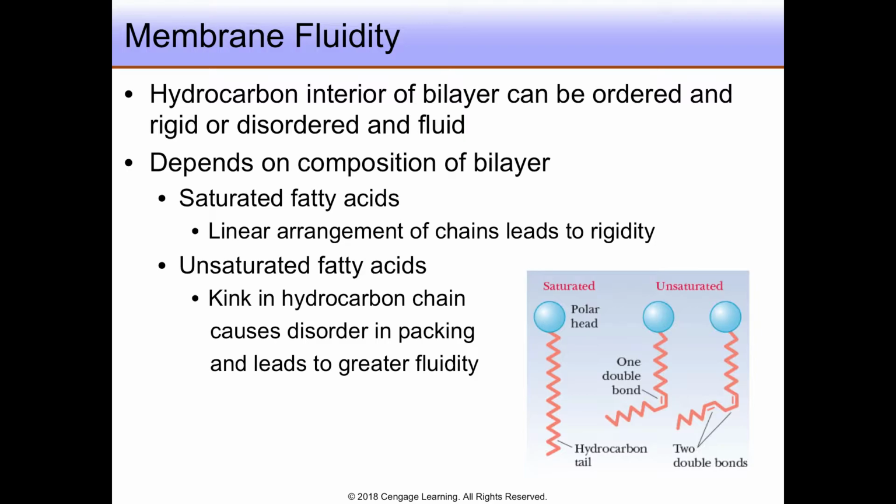As we saw in a previous lesson, saturated fatty acid chains are linear in geometry, as shown on the left below. This leads to the maximum number of van der Waals interactions and therefore a more rigid arrangement. In contrast, unsaturated fatty acids have one or more kinks in their chains, disrupting some of the van der Waals forces.